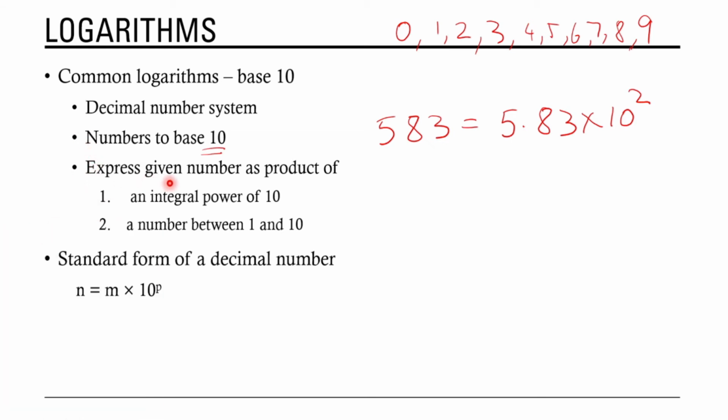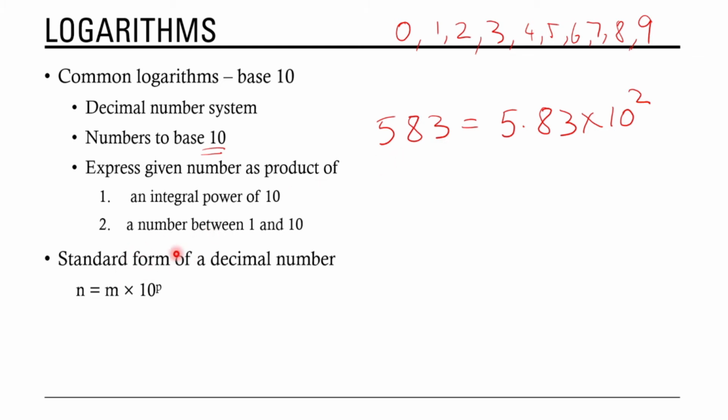Here the given number is 583. I am writing this 583 as a product of an integral power of 10, which is 10 raised to 2, and a number between 1 and 10, which is 5.83. So, this is how we have to write a given number while using common logarithms.